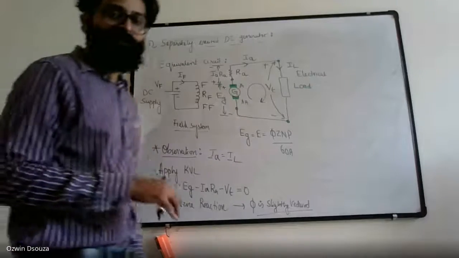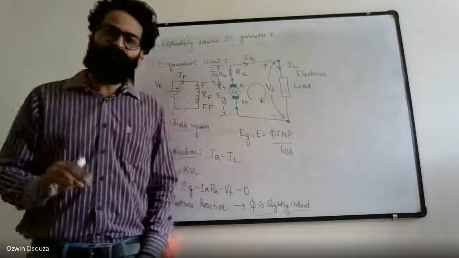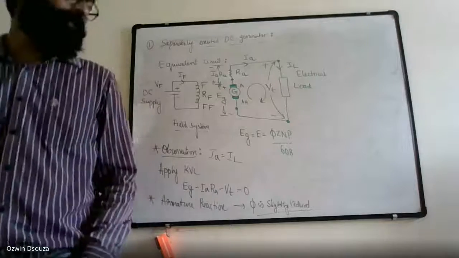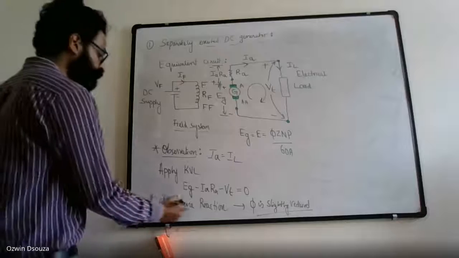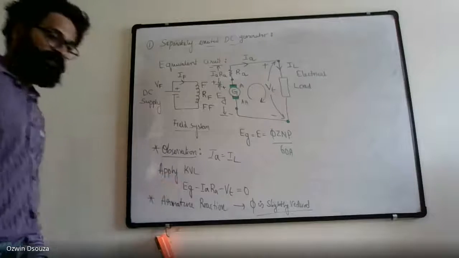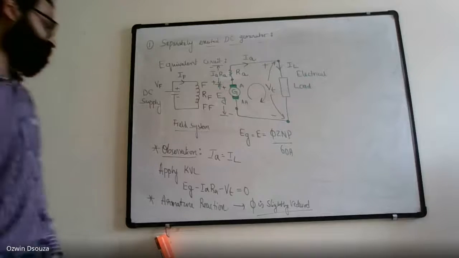If phi is reduced, what happens to EMF? EMF will be reduced because EMF is proportional to flux, right? So, due to the armature reaction, the induced EMF EG is slightly reduced.